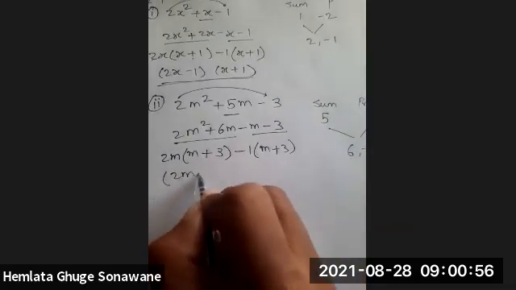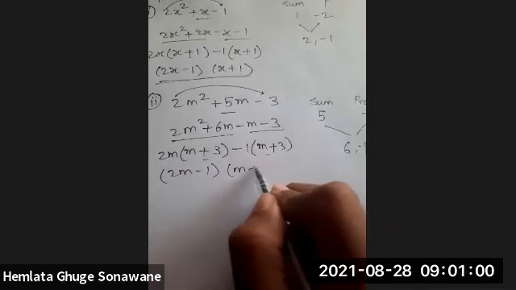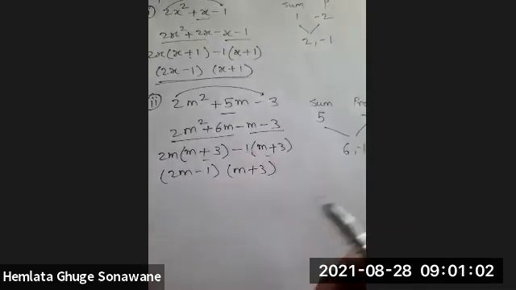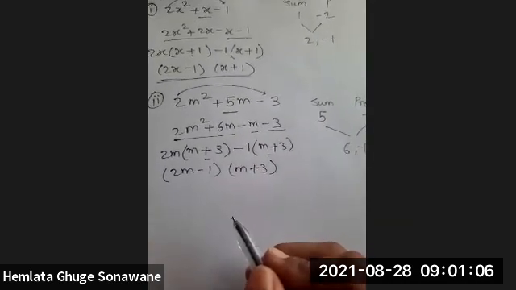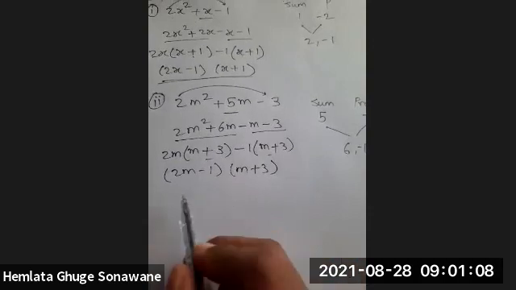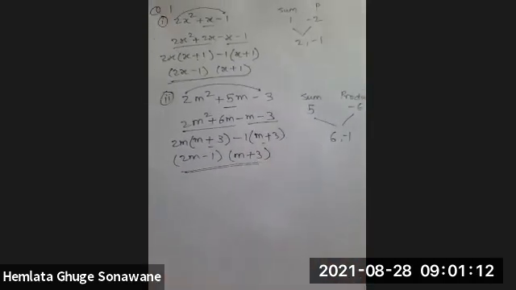Now we'll write bracket 2m minus 1 and this bracket m plus 3. Okay, these are the factors of the given polynomial.